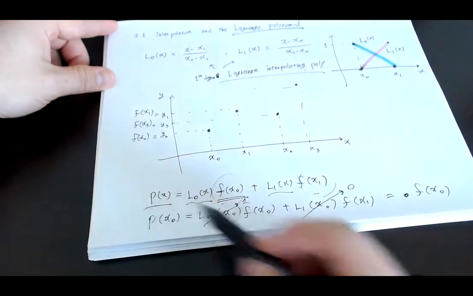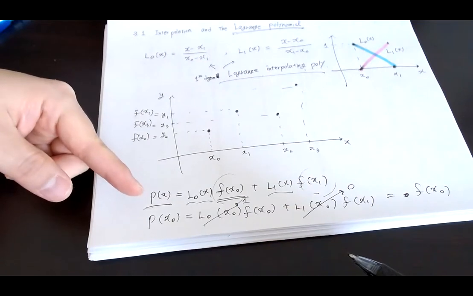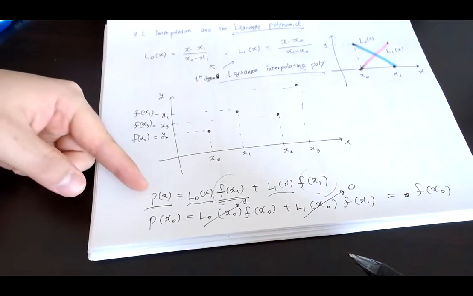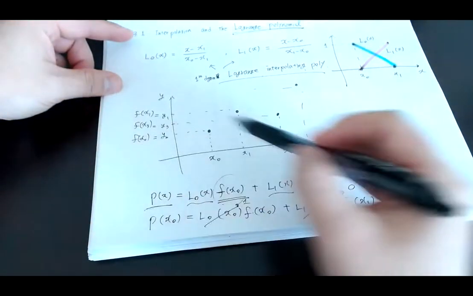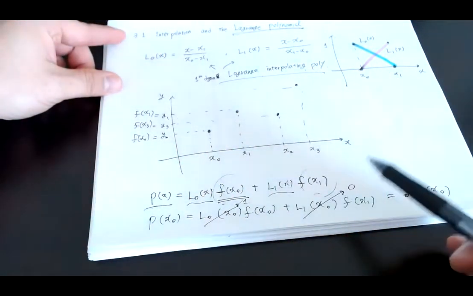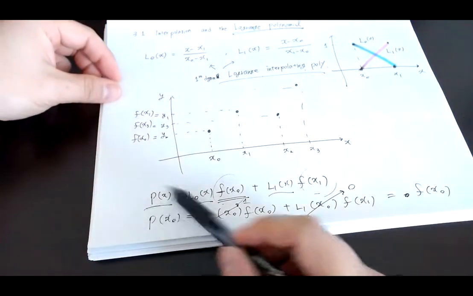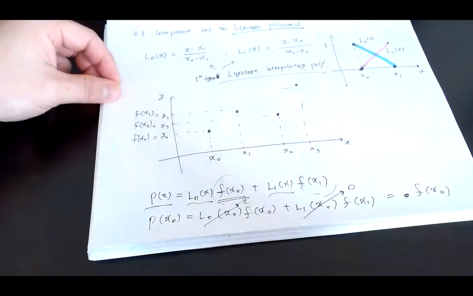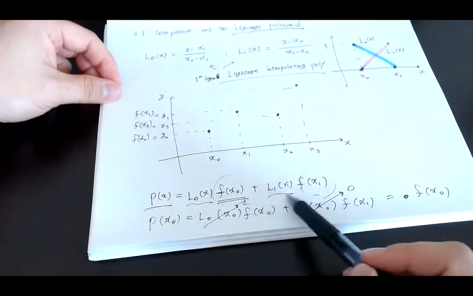So this function is a polynomial function that passes through the two given points, x naught, f of x naught and x1, f of x1. How does this function pass through those two points exactly? Because of the Lagrange interpolating polynomial.